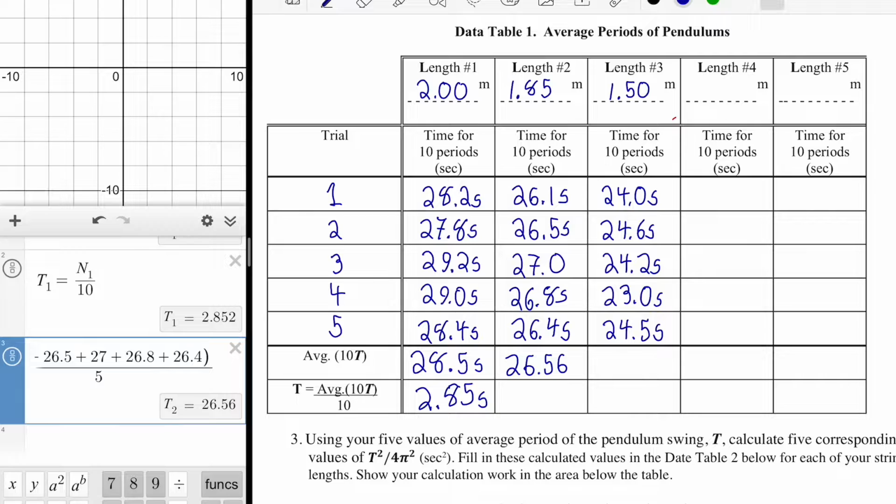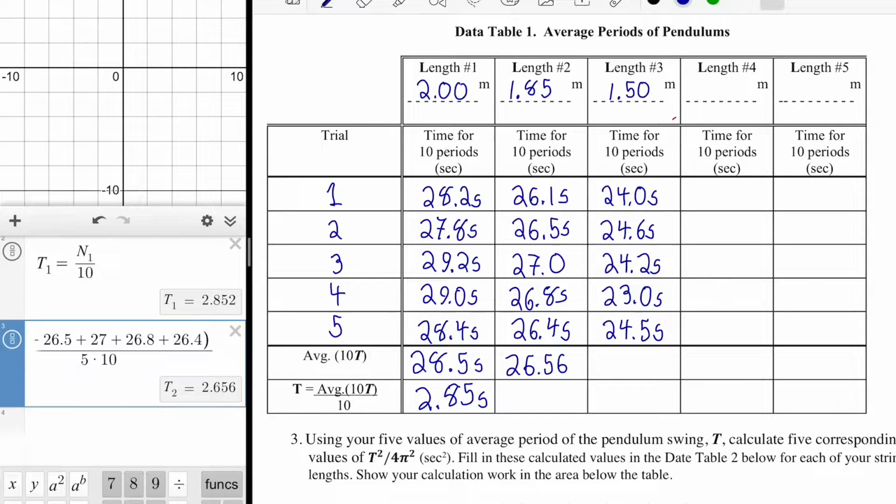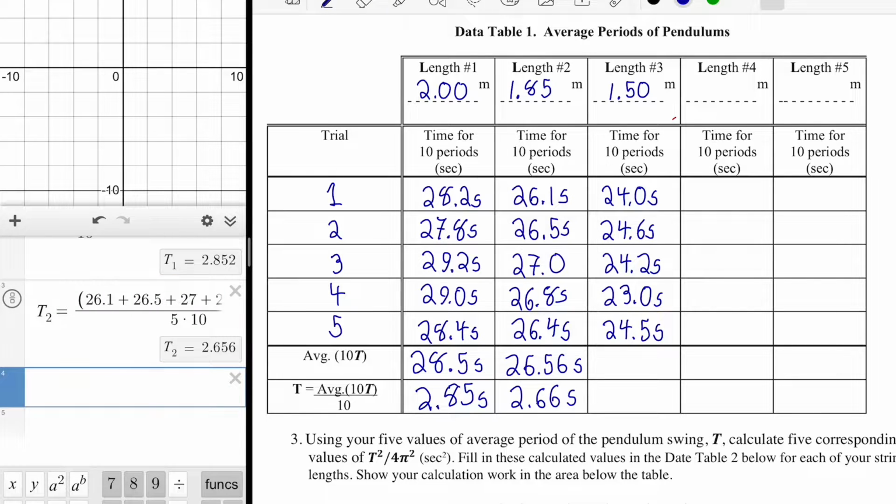And then, of course, I need to divide by 10. If I divide by 10, that's the same as just dividing by 50. So we get 2.65, actually it should be 2.66. And you can see there on the average for the 10 trials, I did in fact include 4 significant figures, no big deal. All right, let's do the last one.